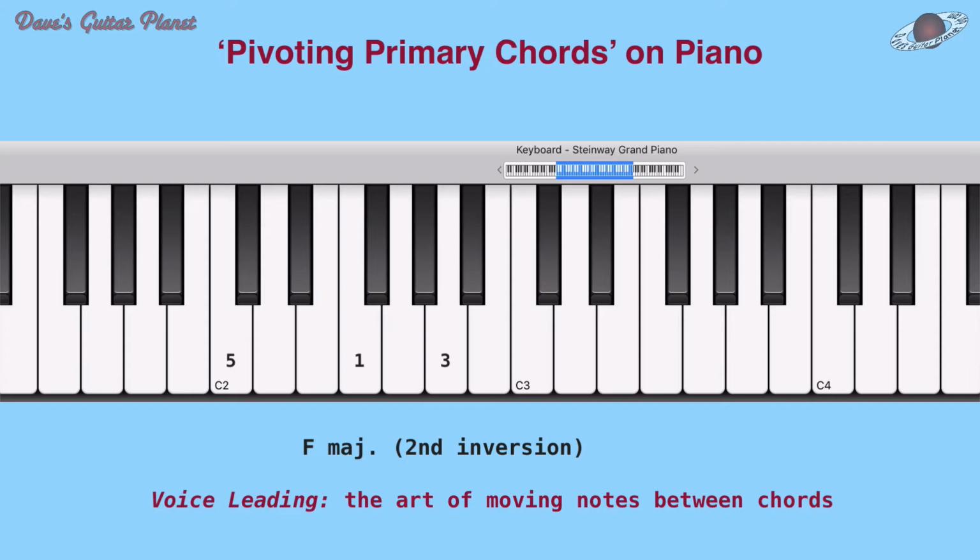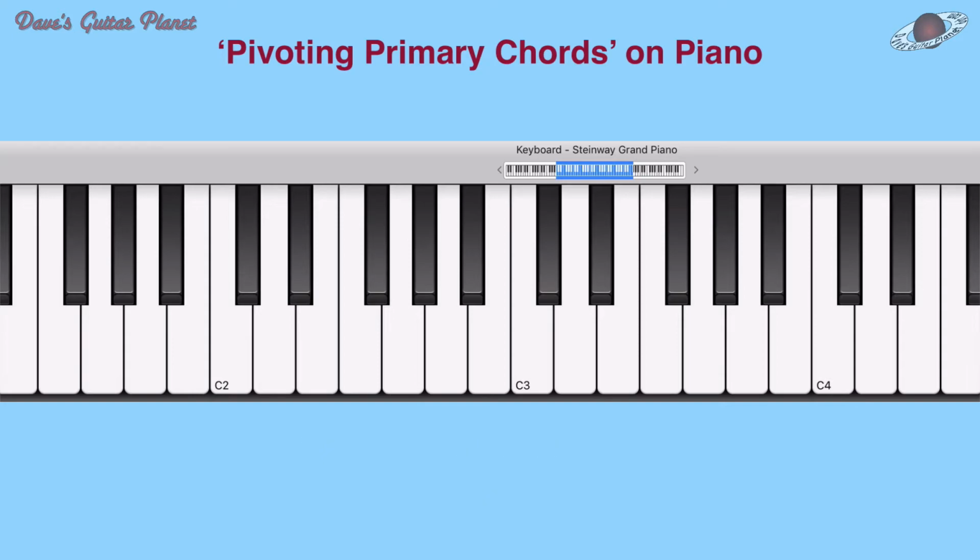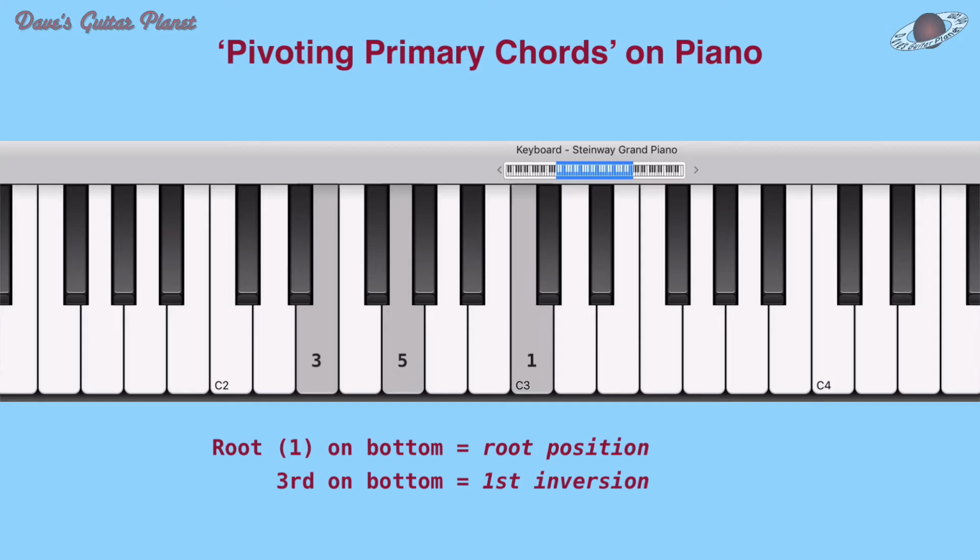When we have a chord with the 3rd on the bottom, say we take a C chord, this is root position. If I put the 3rd on the bottom, 3, 5, 1, we call this first inversion. And with the 5th on the bottom, 5, 1, 3, that's second inversion.